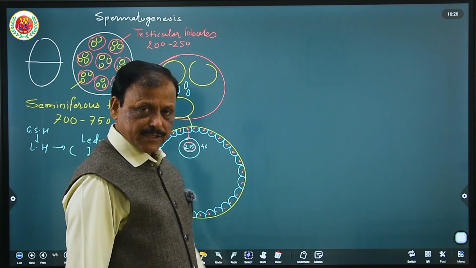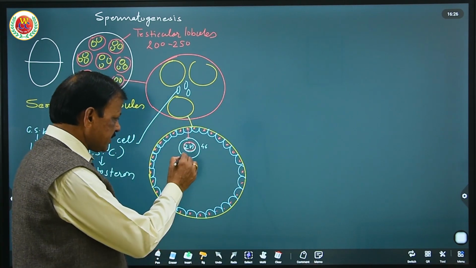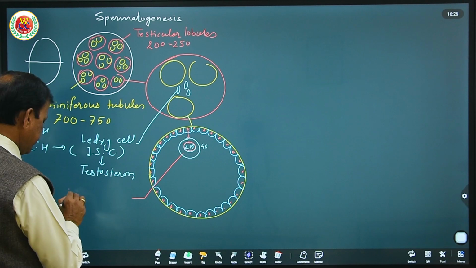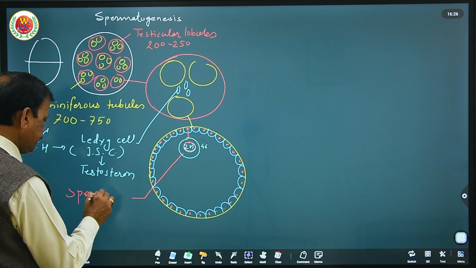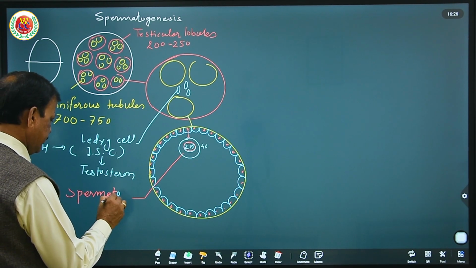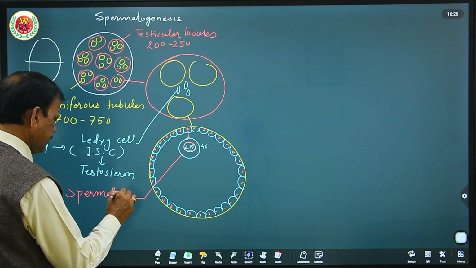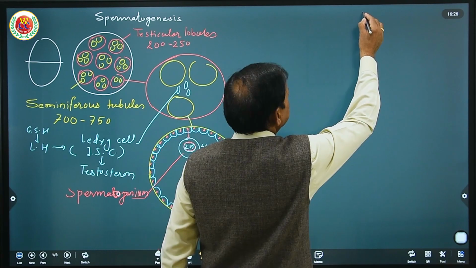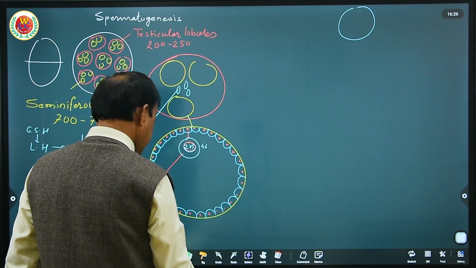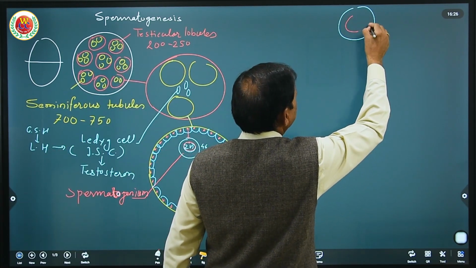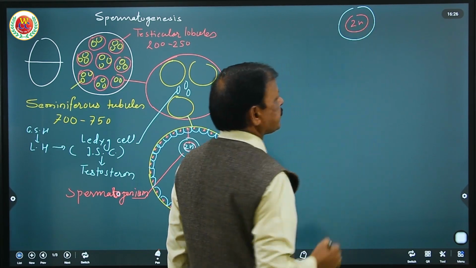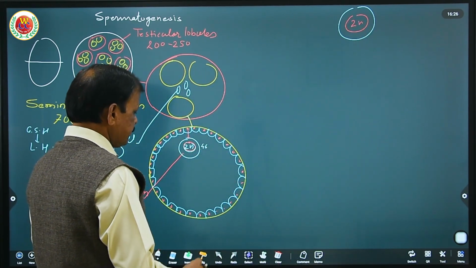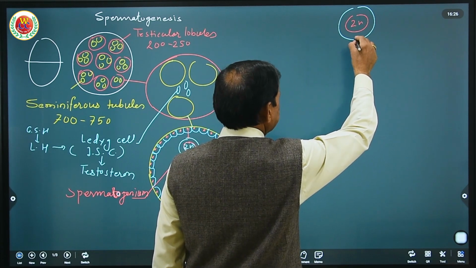Now, to understand the entire process of spermatogenesis, this spermatogonium, which has 46 chromosomes, that is 2n, undergoes meiosis 1.